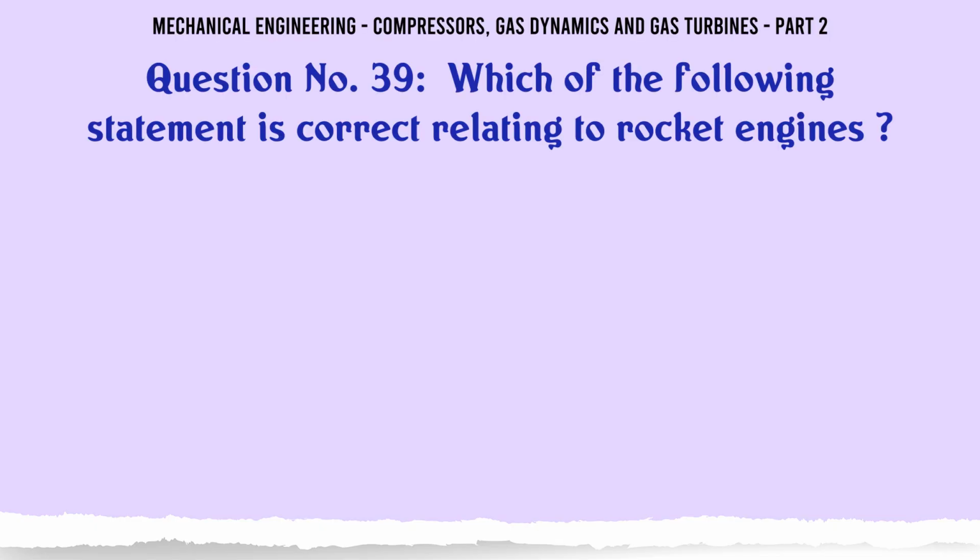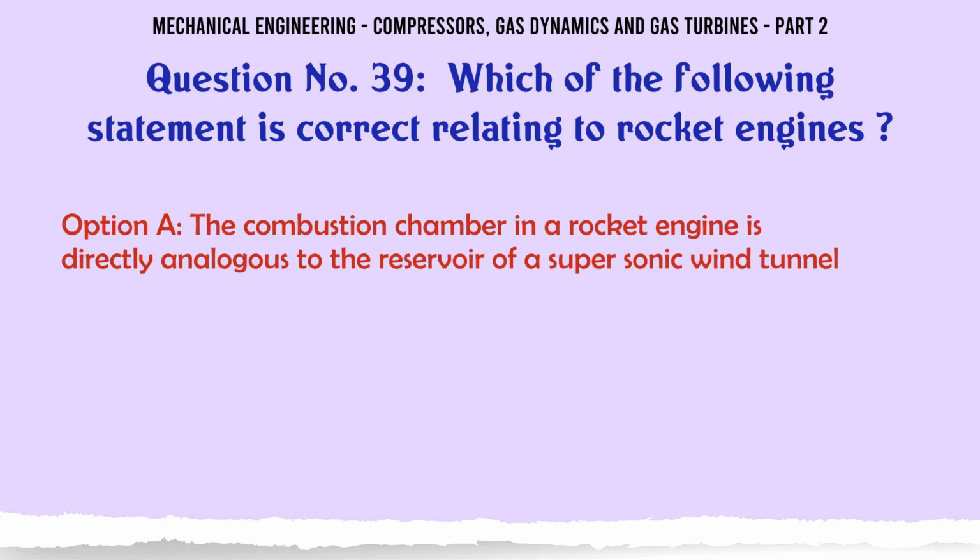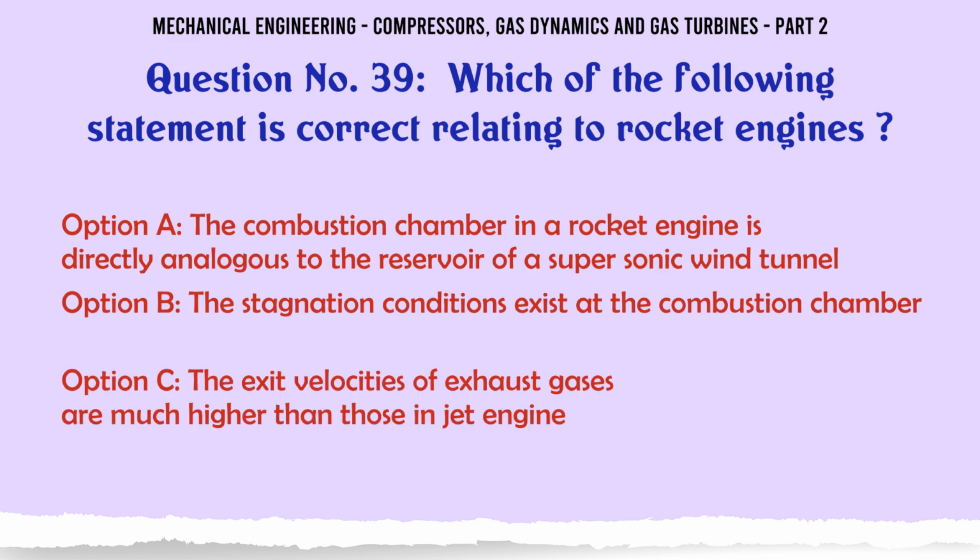Which of the following statements is correct relating to rocket engines? A. The combustion chamber in a rocket engine is directly analogous to the reservoir of a supersonic wind tunnel. B. The stagnation conditions exist at the combustion chamber. C. The exit velocities of exhaust gases are much higher than those in jet engine.